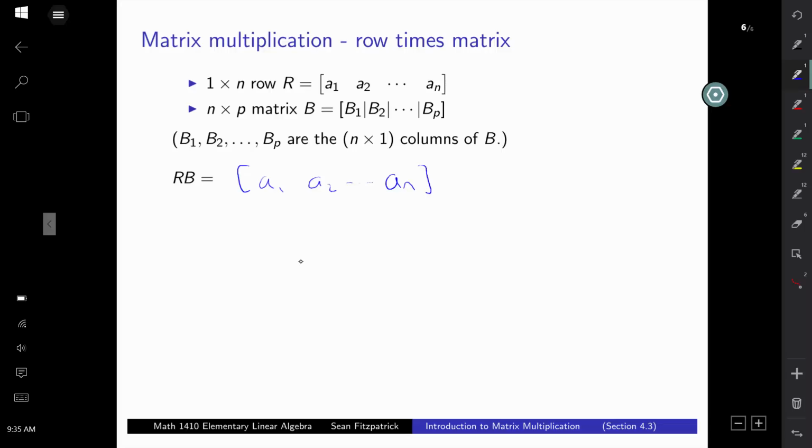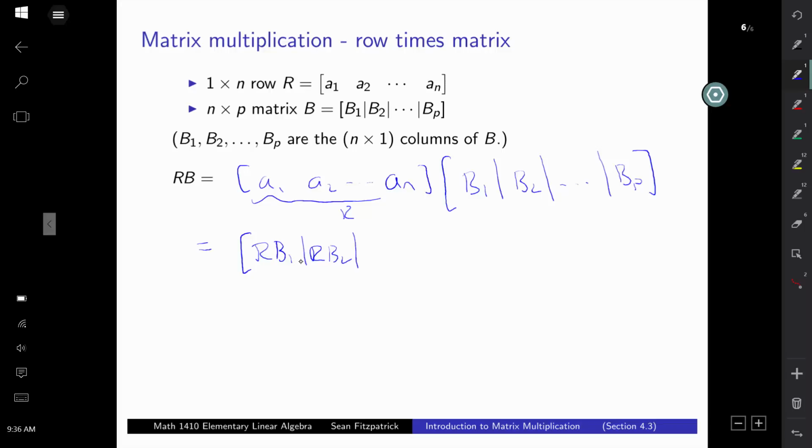If we think of B as consisting of many columns, B1, B2, down to BP, then I can do that row times the first column, row times B1, and then row times B2, and so on down to row times BP, right? So if I have one row on the left and many columns on the right, I just do row times column for each one of the columns.